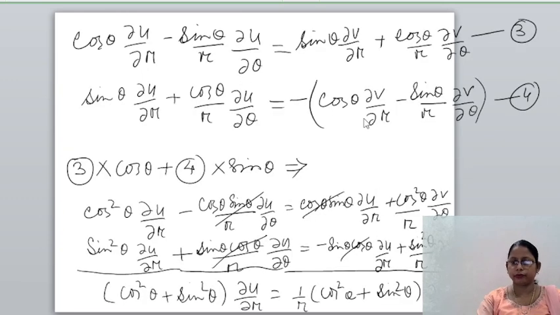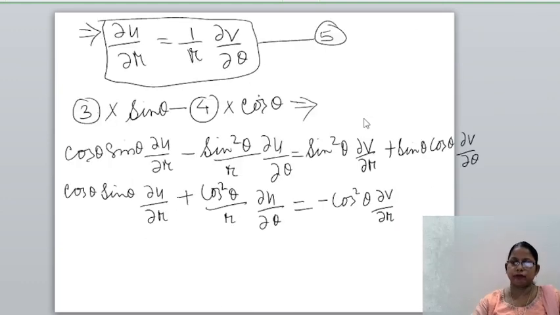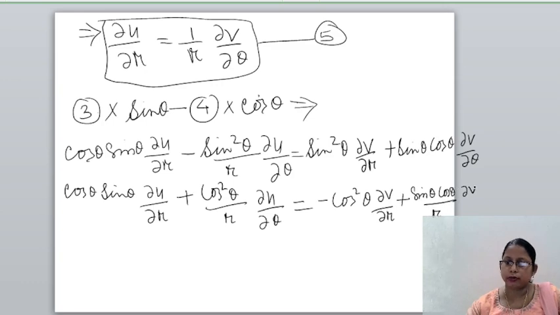Minus will be plus, then sine theta cos theta by r del v by del theta.